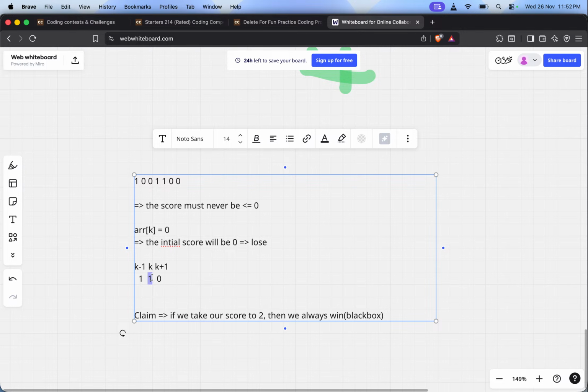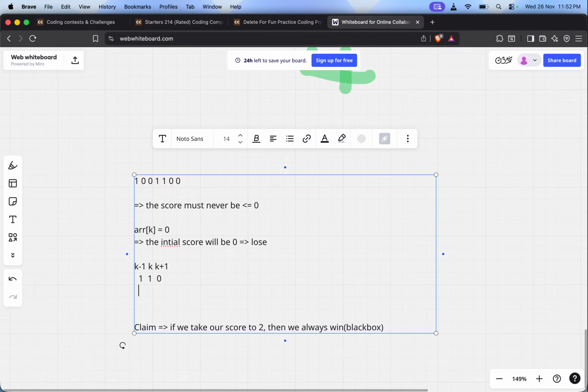Now what are the possible scenarios? K is fixed as 1, which is required. Now what if both of the neighbors are 0, and what if both of the neighbors are 1? If both are 1, then in the first step pick k, score is 1.